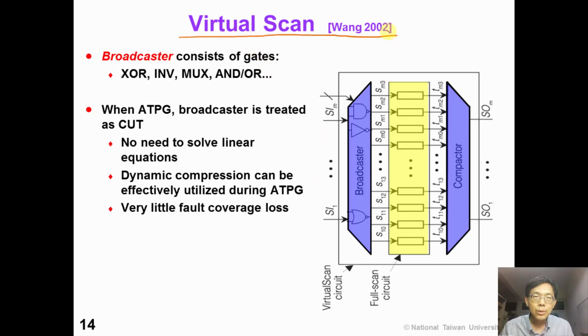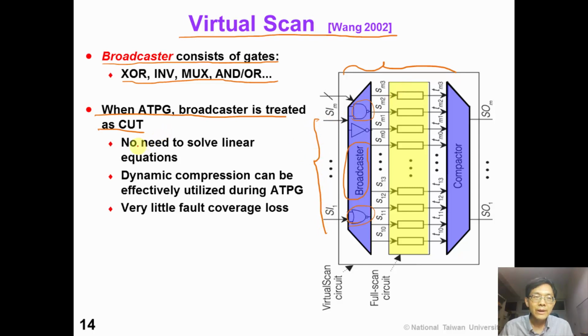Dr. Wang also proposed a similar idea called virtual scan in a commercial tool. The virtual scan has a Procaster, which consists of some simple gates such as exclusive OR, inverter, NAND, NOR, etc. When we run the ATPG, the Procaster is treated as part of the CUT, so we generate test patterns for the CUT and the Procaster together.